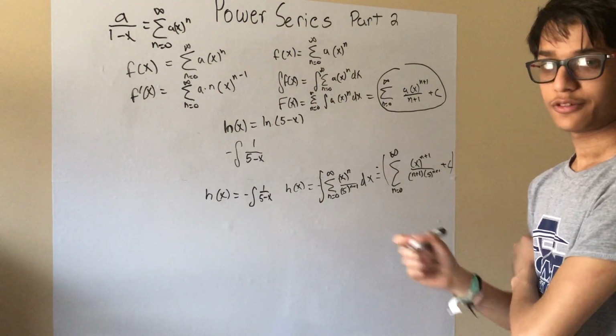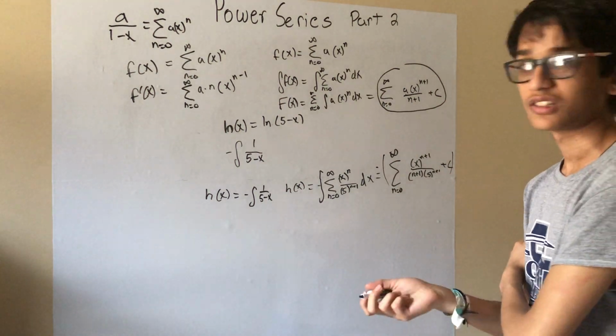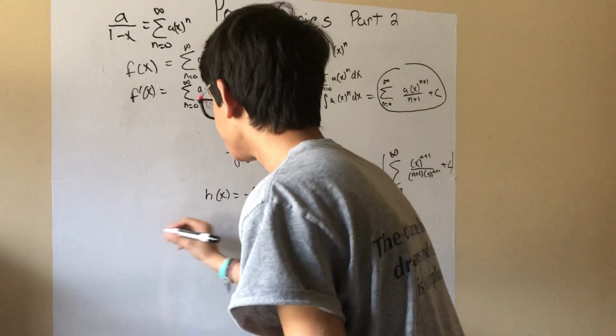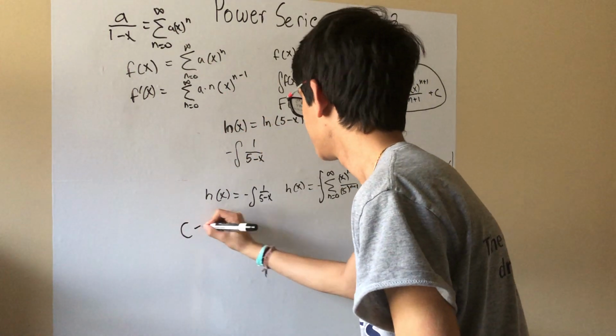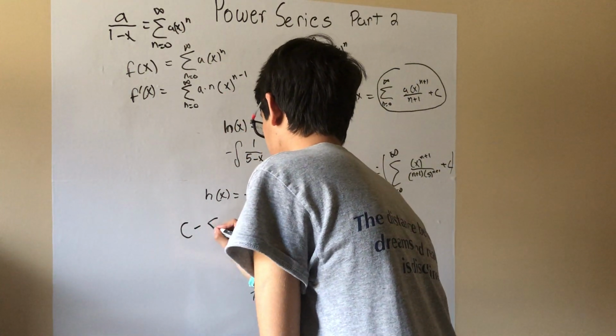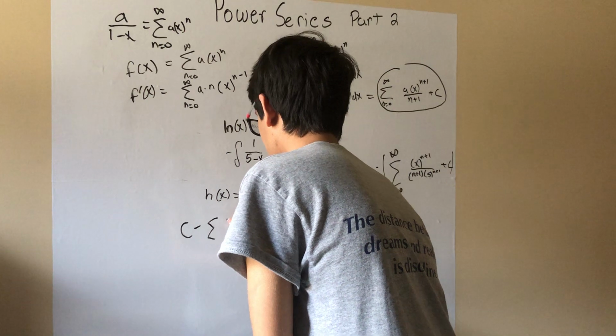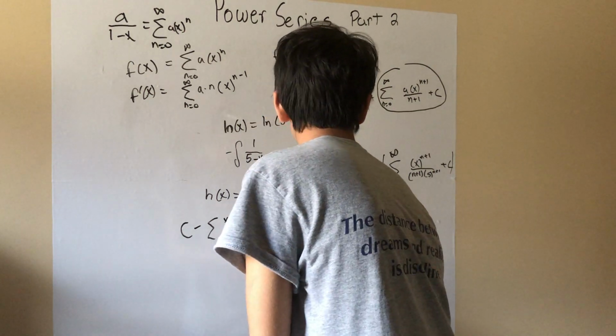So negative c is the same thing as positive c, so you can rewrite this as c minus the sum from x.